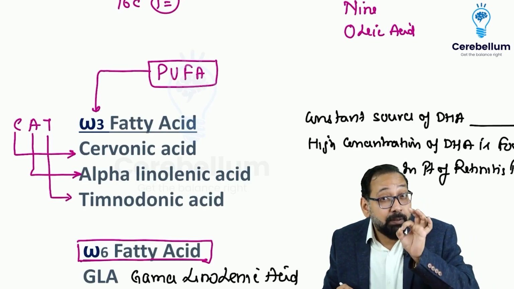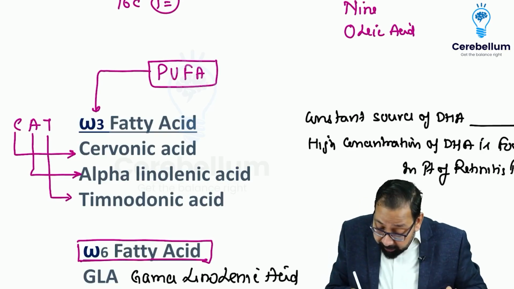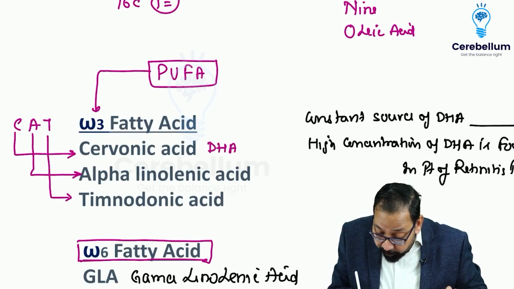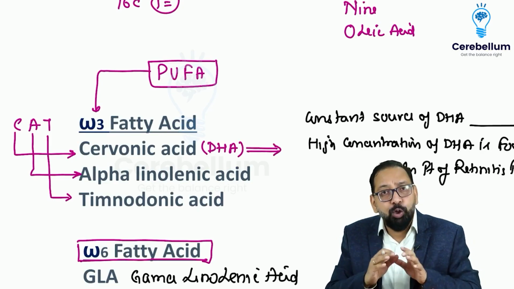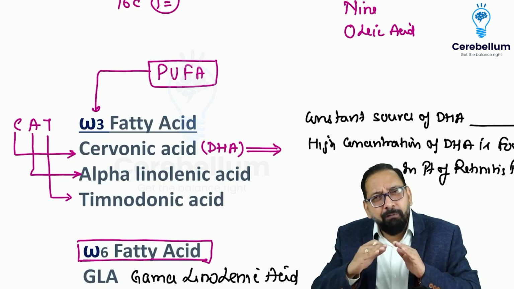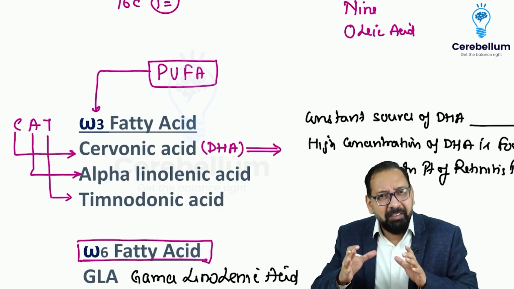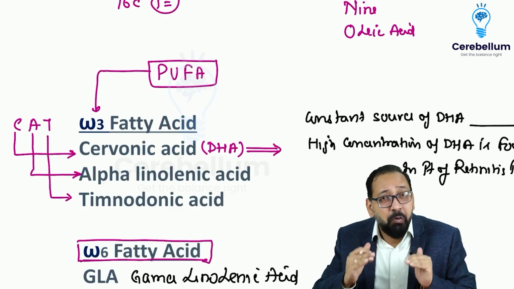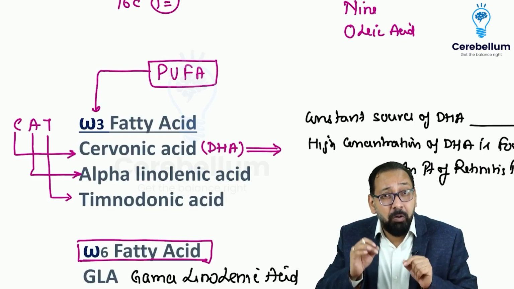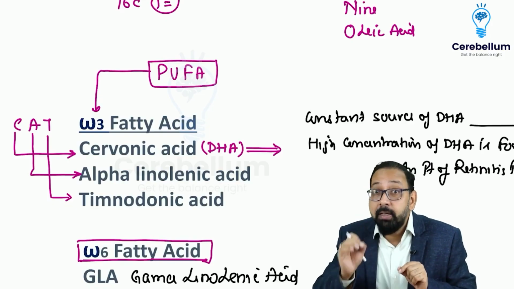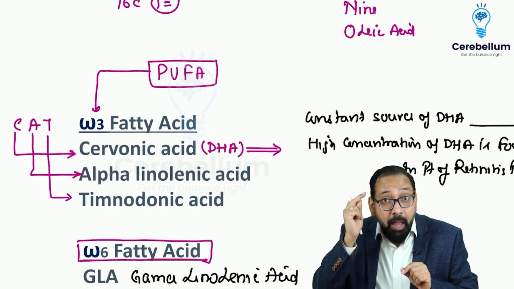Cervonic acid is frequently asked because another name is DHA, and you have heard many times that formula milk is fortified with DHA. Why is everybody marketing like that? Because we found that DHA is in high concentration in the cerebral cortex, brain, and retina.